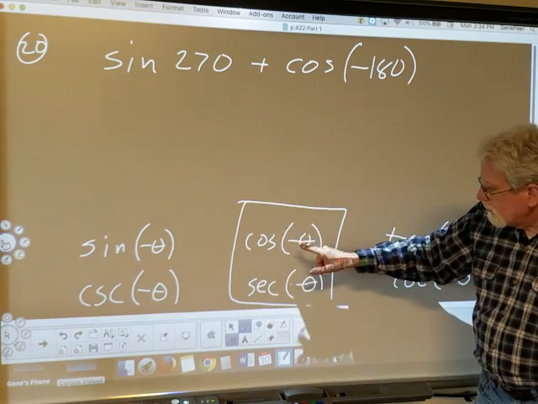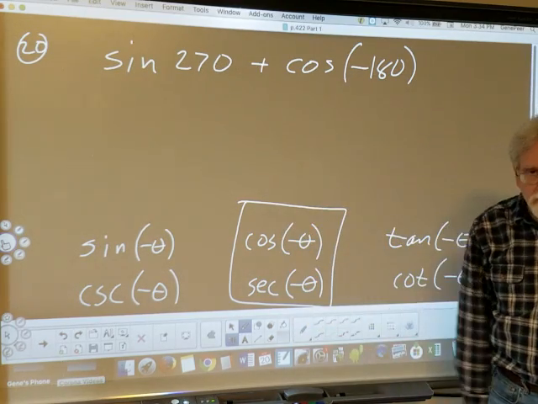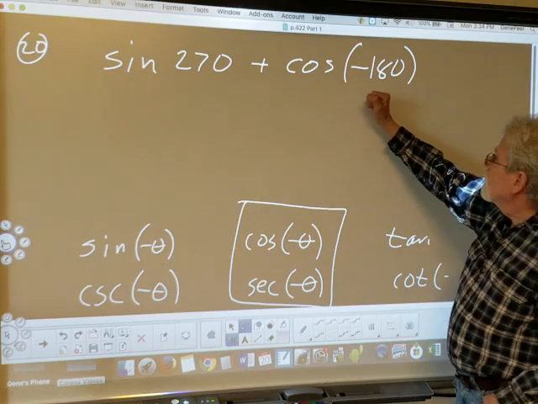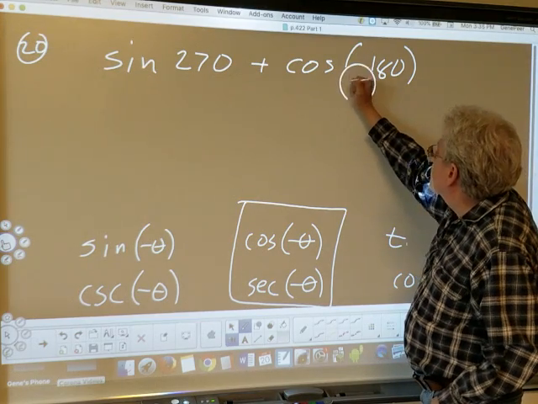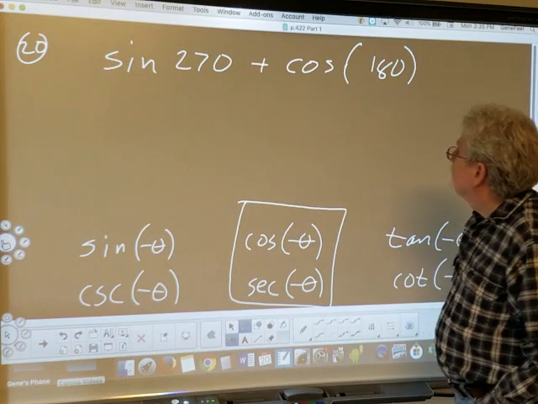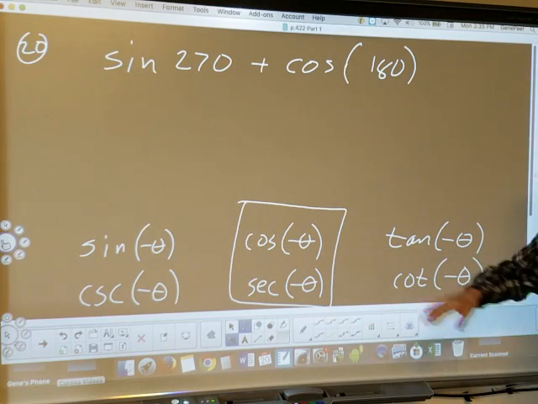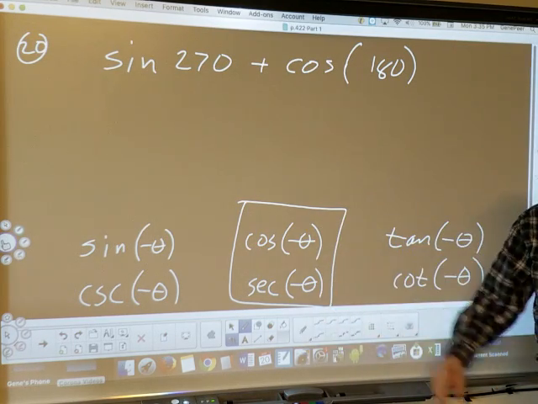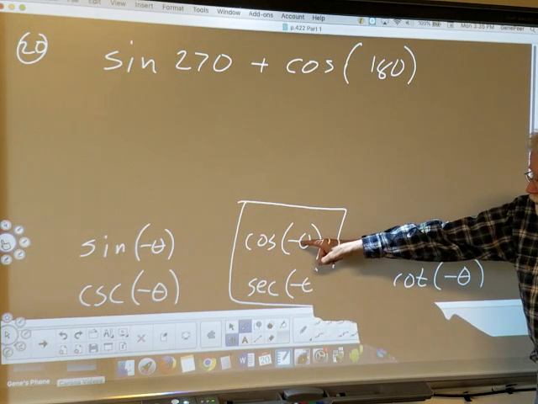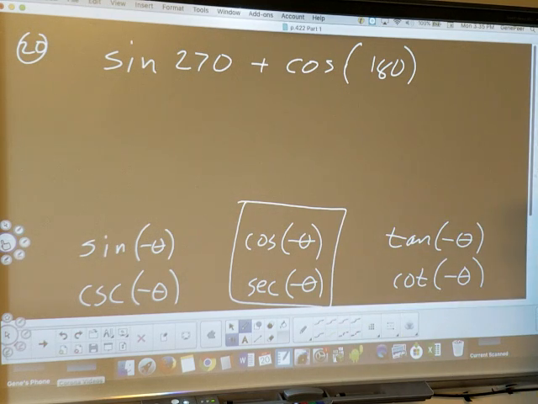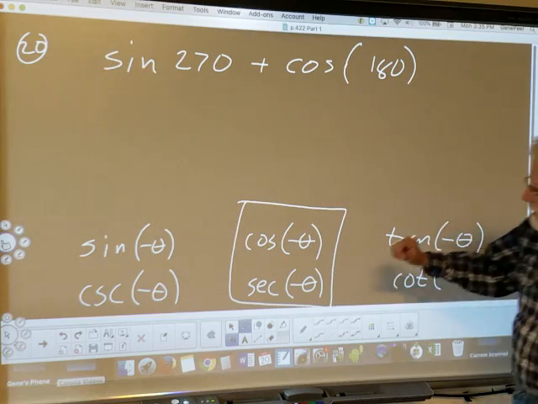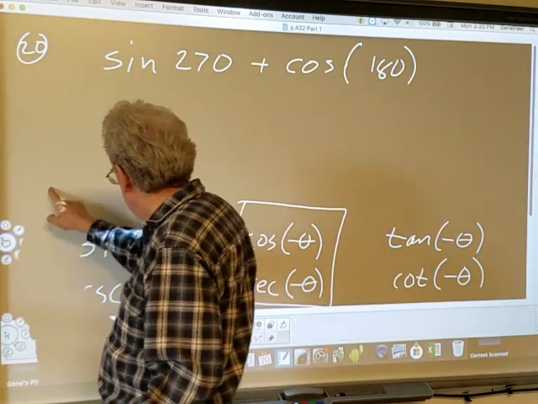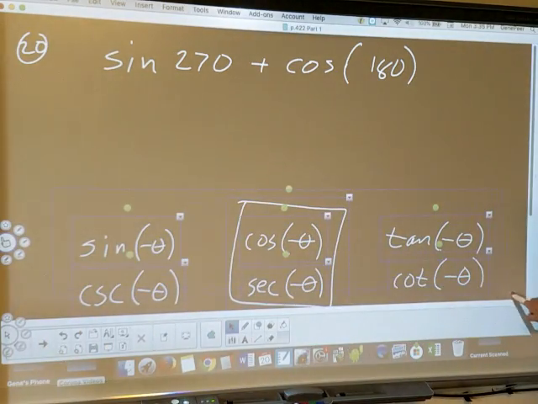It's the ones in the middle where you drop the negative sign. So I can simply dive in here and erase that negative sign. That's the rule for cosine and secant. Just drop the negative sign. Okay, so what does that do for me then? Let's just get rid of that. We don't need that anymore.